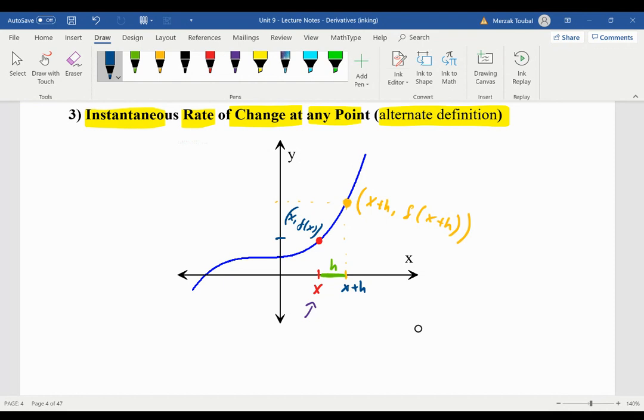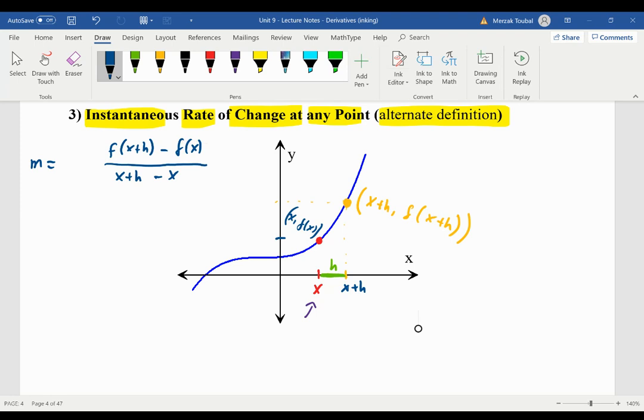If we want to find the slope, then it's going to be straightforward. Then we want to say, okay, so m equals, I'm going to leave some space for something we need to put in there, but the slope formula would be f of x plus h minus f of x over x plus h minus x.